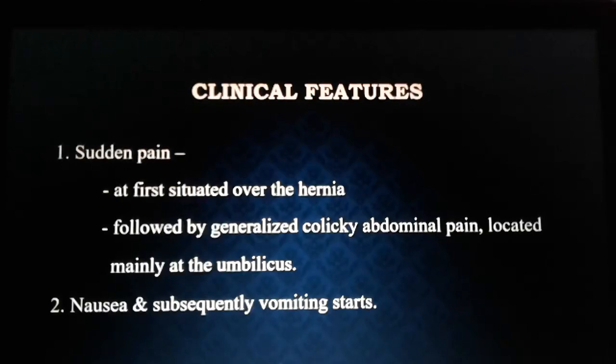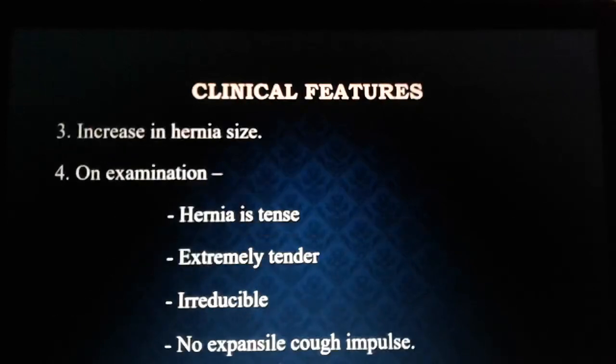On examination, in strangulated hernia, the hernia is tense, extremely tender, and very painful while palpating. It is the irreducible variety, which we have already discussed, with no expansile cough impulse.